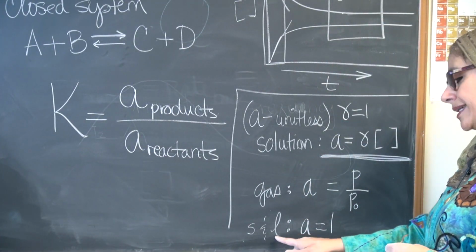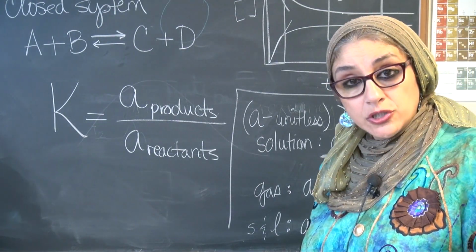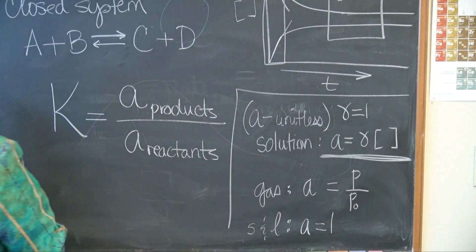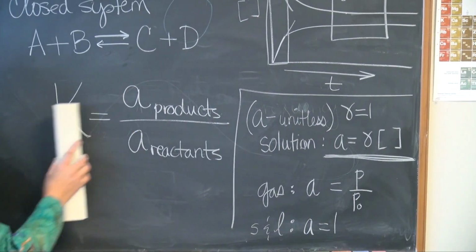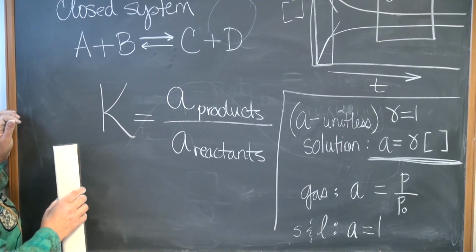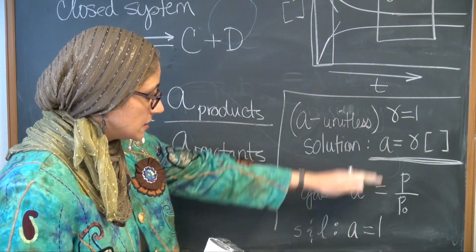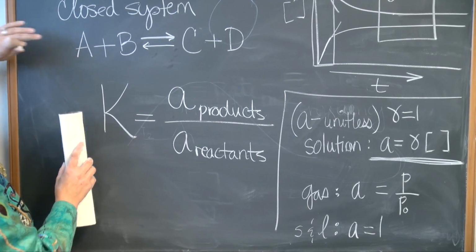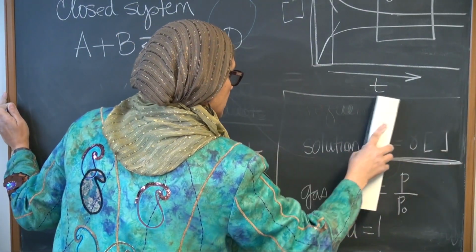And we will not include solids and liquids in the expression. So let's apply now. This is the conceptual basis for the equilibrium constant. Now let's apply all these things that I've just shared with you, and we are going to then write the expression for this reaction.